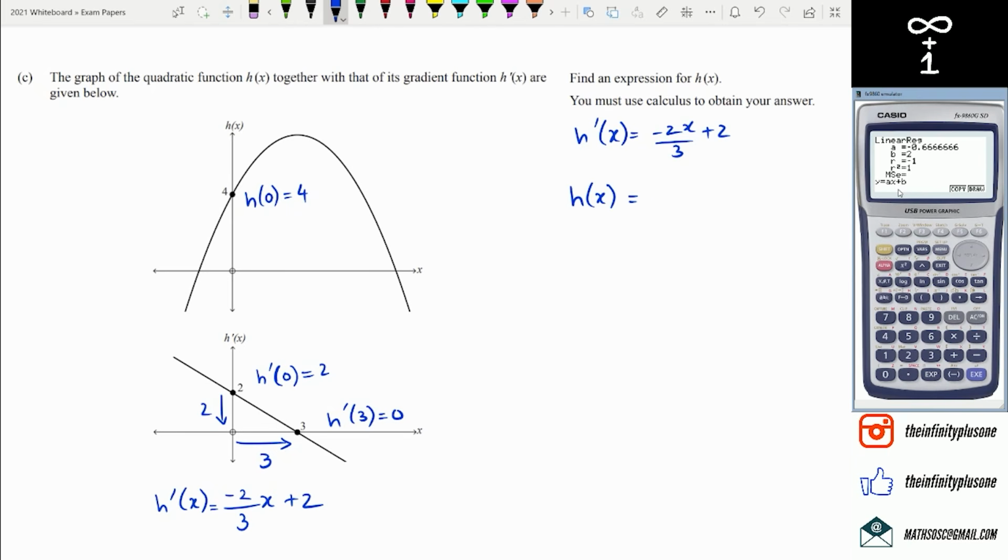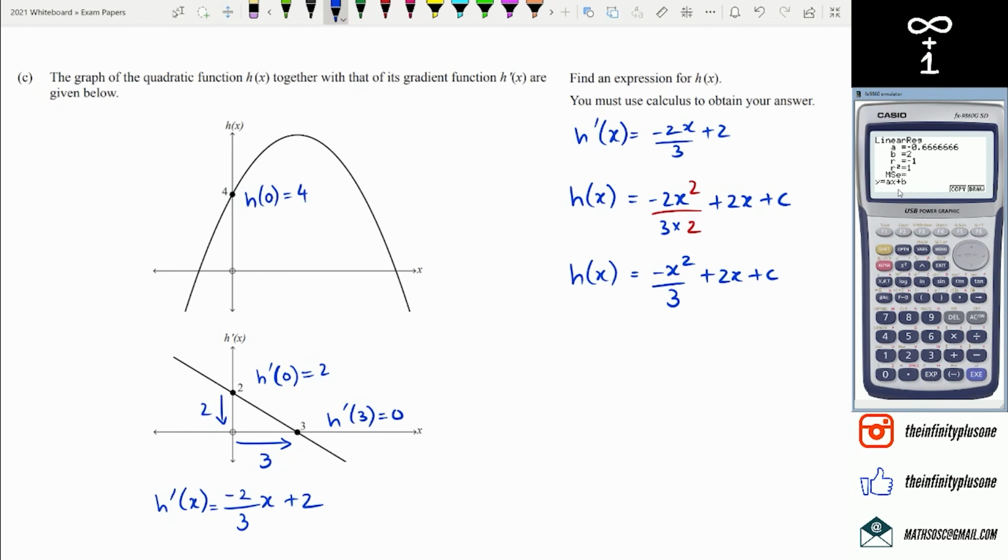When we integrate this, we're going to get negative 2x squared, and of course there's still a 3 down at the bottom, so it becomes 3 times 2, plus 2x plus c. So h of x is equal to negative x squared over 3 plus 2x plus c. Now here's the kicker.